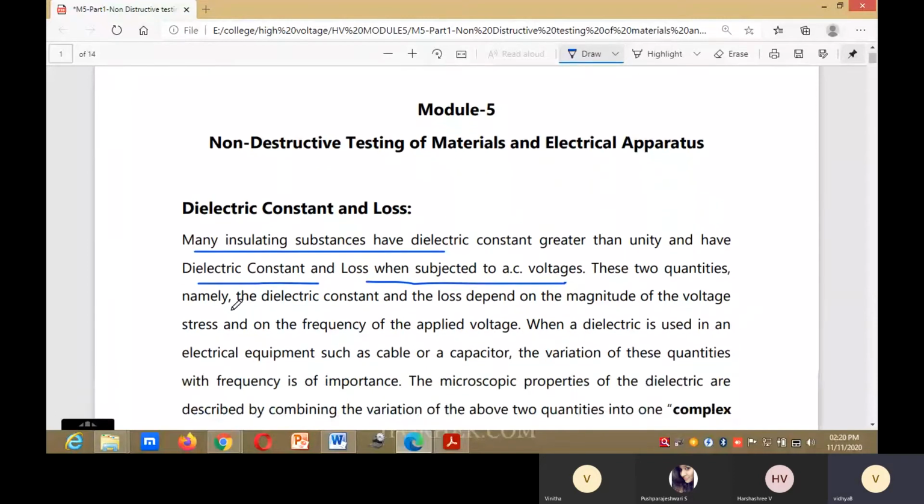These two quantities, namely the dielectric constant and the loss, depend on the magnitude of the voltage stress and on the frequency of the applied voltage.